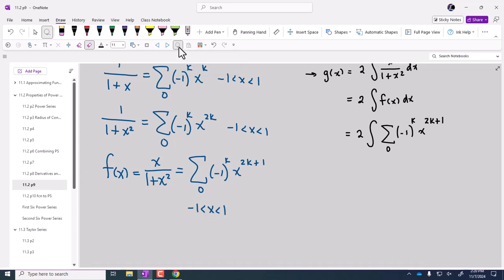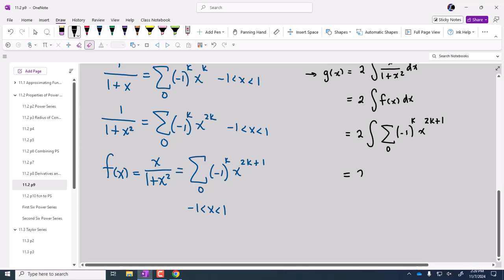Now we have to integrate this power series to get a new power series. And when you integrate, do what you always do with a polynomial: add 1 to the exponent, divide by the new exponent. Minus 1 to the k, there's no x there, so that doesn't matter. That switch just comes along for the ride. It's just a constant. Whenever you integrate, constants just float around.